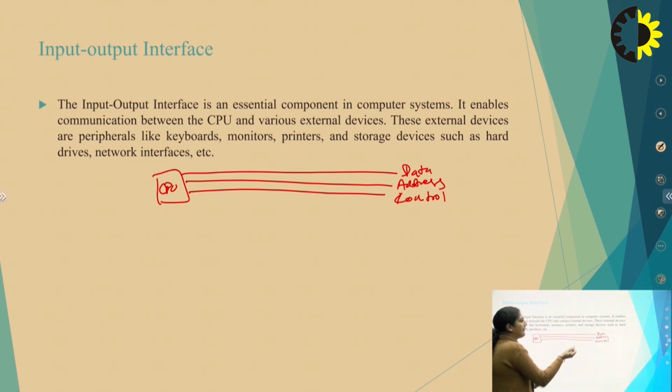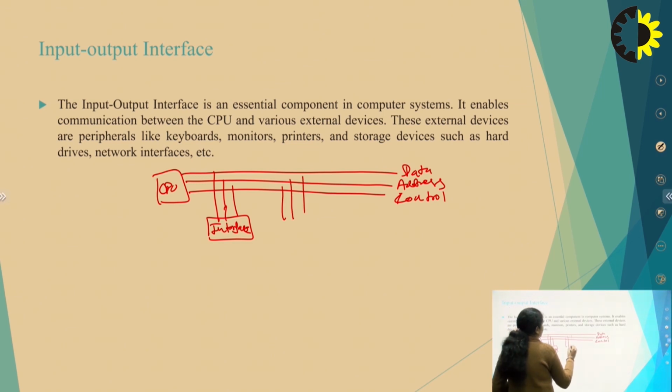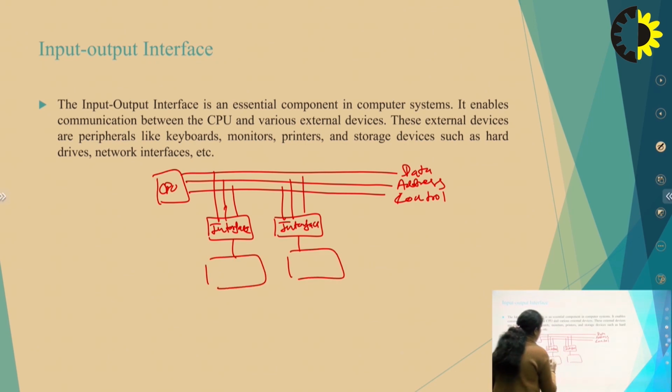So to communicate with these system buses, we have interfaces like this. And with these interfaces, our external devices are connected, like keyboard, monitor, and so on.